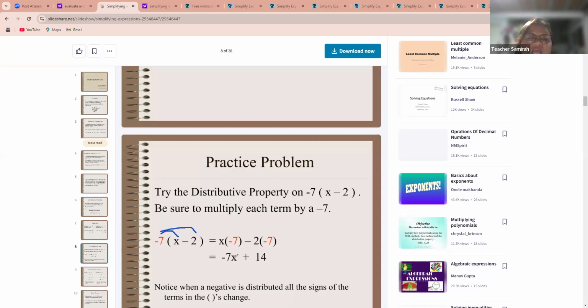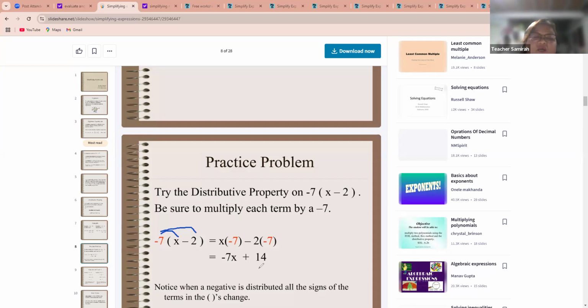So negative 7x. And then when we multiply two integers of the same sign, we get a positive product. So positive, and then 2 times 7 would give us 14.